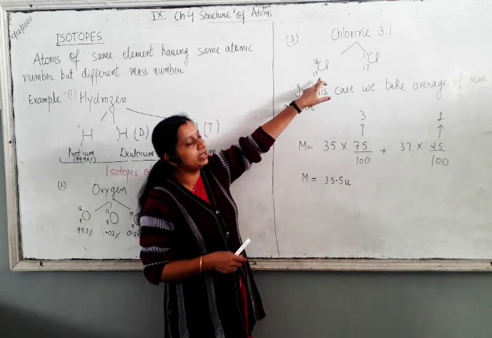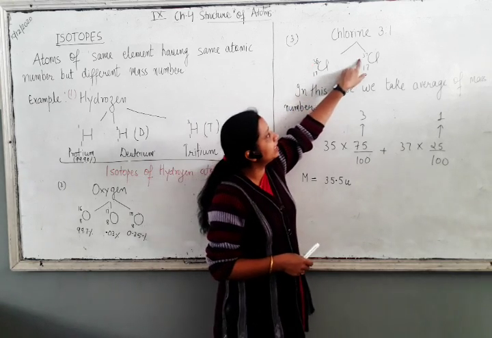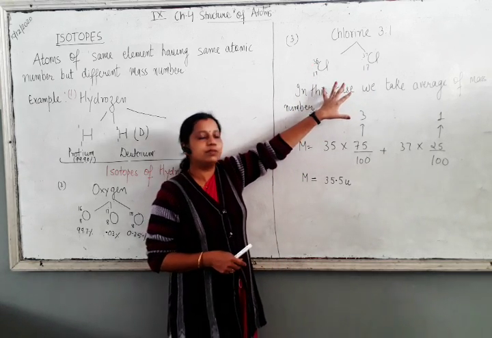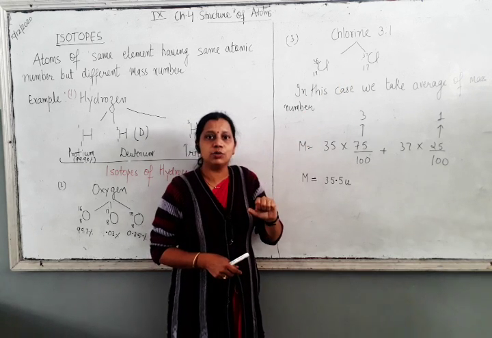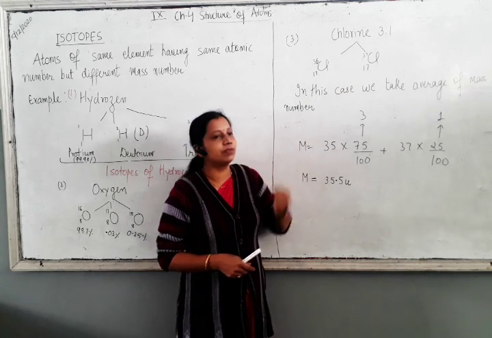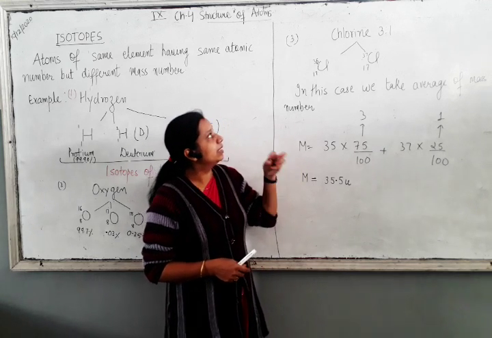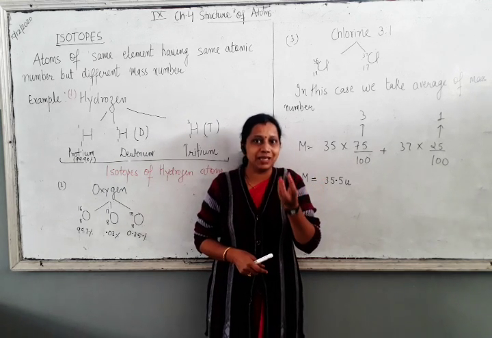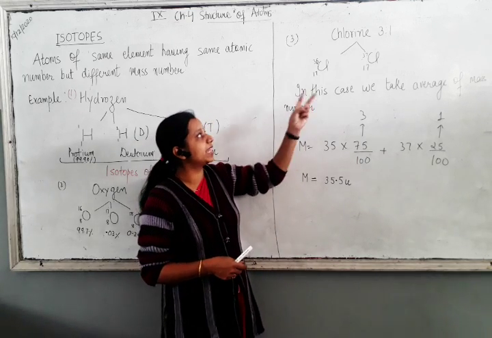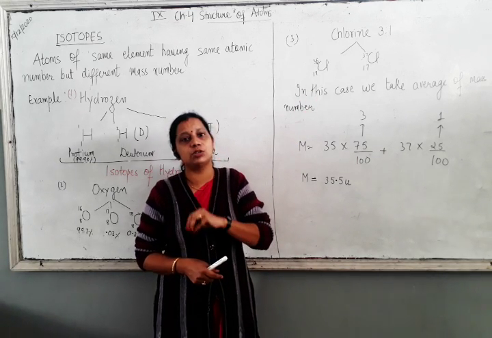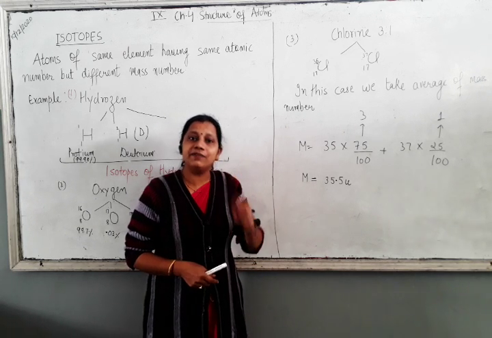Here the two isotopes of chlorine are 35/17 and 37/17. Now how to find mass number here of this chlorine? You will take average of these two. Why such thing? Because if you are taking a piece of chlorine, in that you will find both of these isotopes in the ratio 3:1. So in that case, you have to take average mass number.